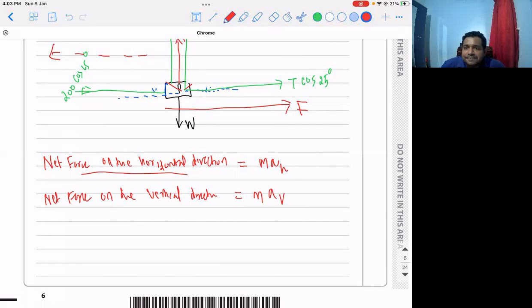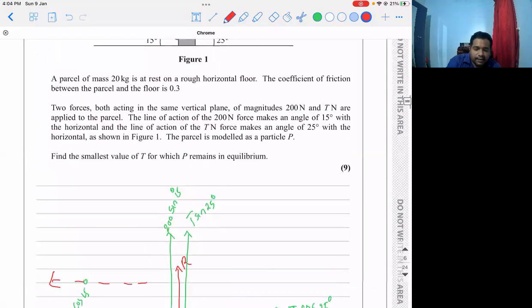And interestingly, though these two forces are acting, once again read this question. This is in equilibrium. So we are now in a position to find the minimum value of P for which P remains in equilibrium. What is the meaning of equilibrium?